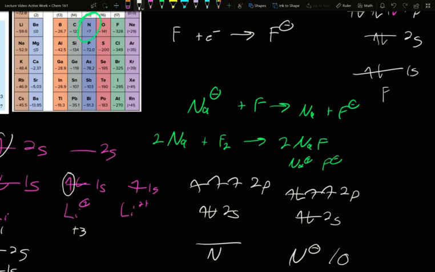Remember we said oxygen was a little bit easier to remove that electron from because you had to pair the electrons. Well, when it's nitrogen gaining an electron and pairing, you don't even get the extra Z effective. So you're just adding a bunch of extra energy requirement to pair without any of the benefit of the extra protons. As a result, it actually pushes it up just a little past the break-free point. To pair the electron on nitrogen is difficult enough that the electron actually more or less prefers to float free.